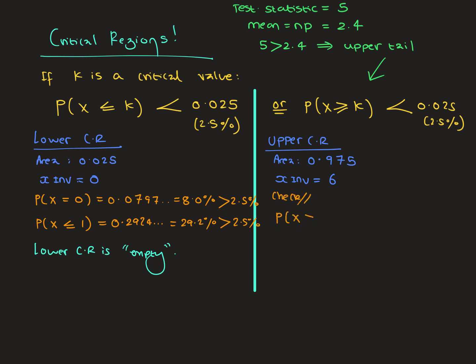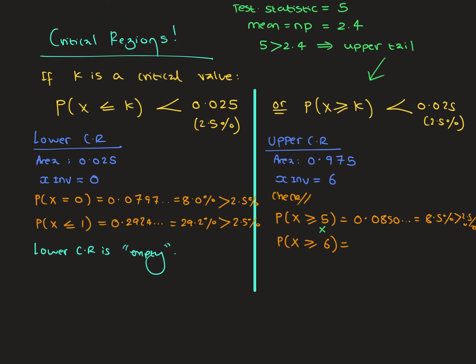I'm going to calculate the probability that x is greater than or equal to 5, which we do already know from our previous question, and the probability that x is greater than or equal to 6, and we will see what these come to. So the probability that x is greater than or equal to 5 should be familiar. We worked it out previously. It is 0.0850..., so that is 8.5%, which is bigger than 2.5%. So that tells us that 5 is not a critical value.